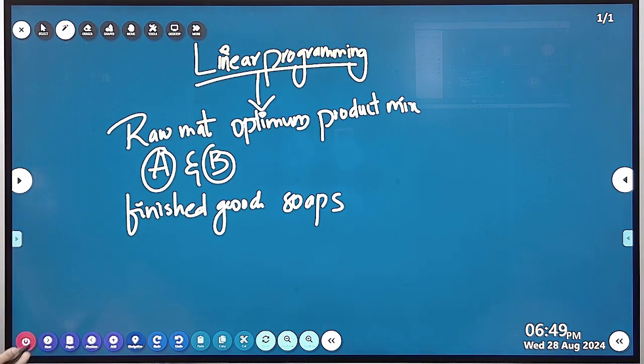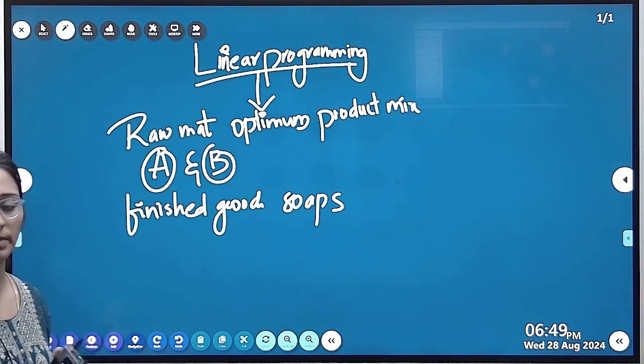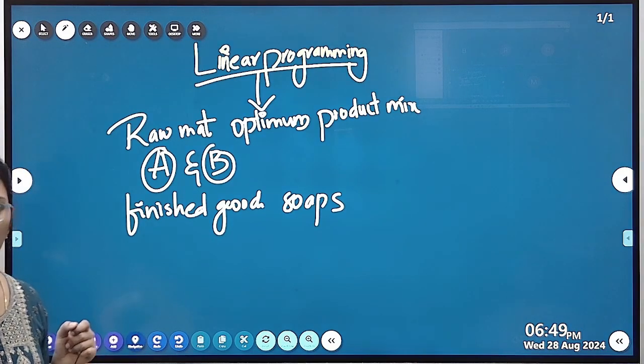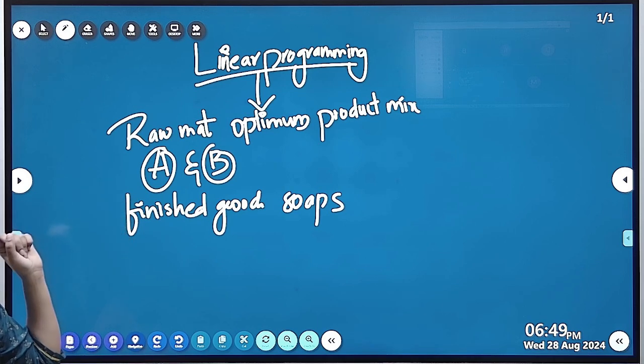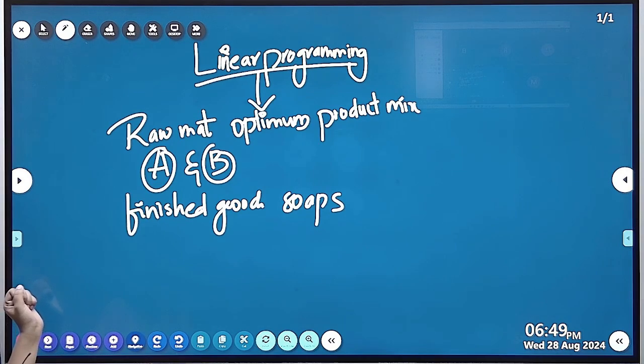A is the base soap and B is some chemicals to produce that soap. We don't know how much base soap to mix with those chemicals. If we mix more base soap than chemicals, it may create reactions on our skin. So proper mixture of the product is important.